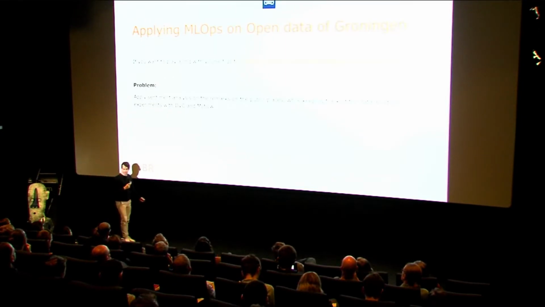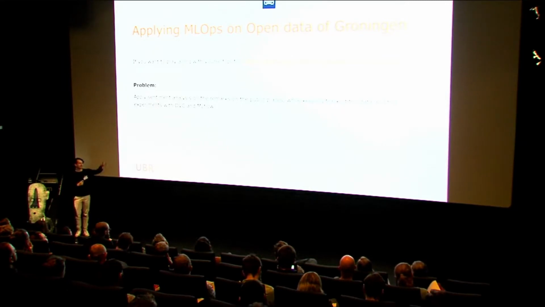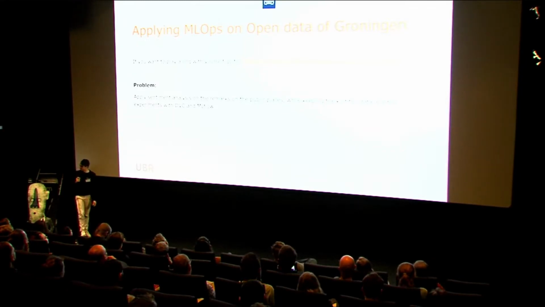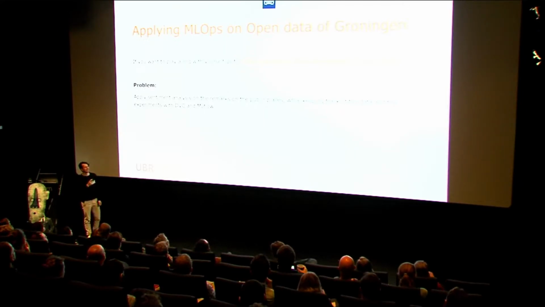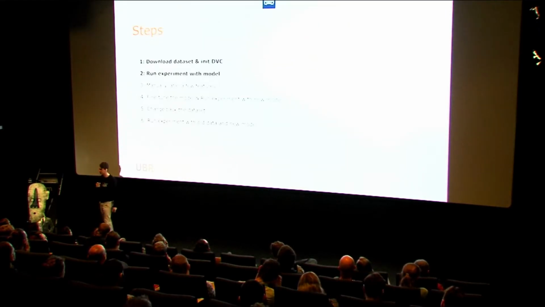So another time, the problem statement. I put this GitHub repository up if you have your laptop. I don't see any laptop, so then you can follow along. But the problem is: apply sentiment analysis to the remarks about public spaces in this specific open data set, while keeping track of our data as well as our experiments with DVC and MLflow.